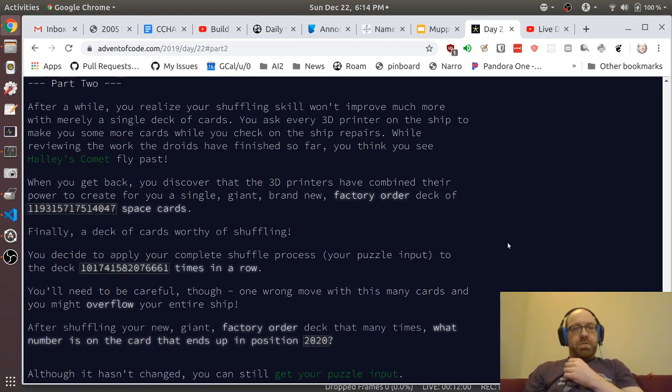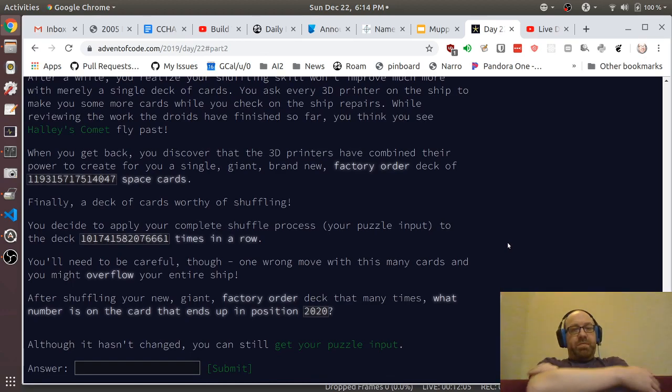Blah blah blah. You have a giant brand new factory order deck of this many space cards.